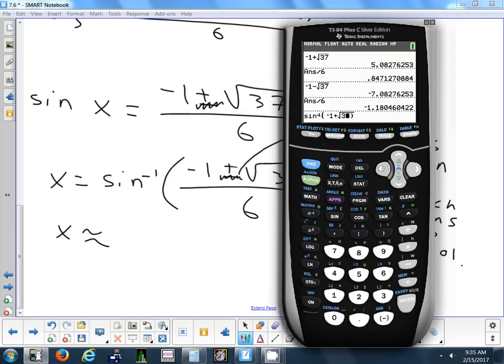Put that in parentheses. Or if you don't want to do that, do it in 2 steps. So it's going to do -1 plus the square root of 37 first. Then it's going to divide it by 6. And then it'll take the inverse sine of it. Okay? Right, so in radians, one answer that I get is 1.01.